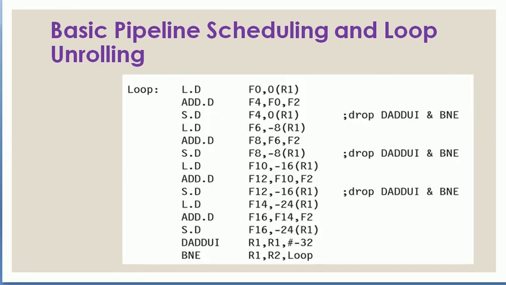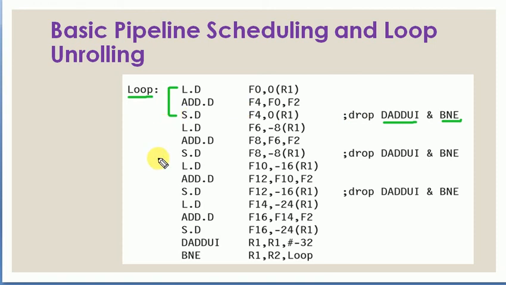Just look at how we can do loop unroll. This is the start of the loop. Here we are adding a load operation, add operation, then store. This is one statement. Normally in the previous case, after this we do DADDI and branch on not equal to, but we are not doing that here.